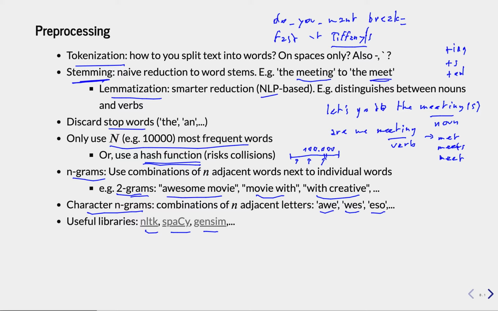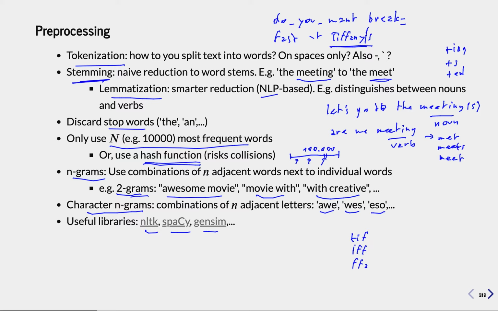So if you have another word like Tiffany's, which is rare, you would map that to tif, iff, and so on. And these n-grams may be more common because they occur in other words as well. So it's a better way to represent rare words.